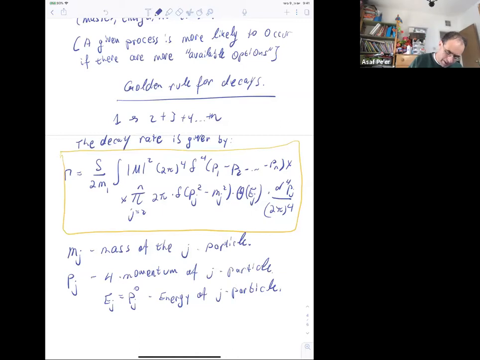Now, S, the capital S is a statistical factor that corrects for double counting. So when we have identical particles in the final states, right?